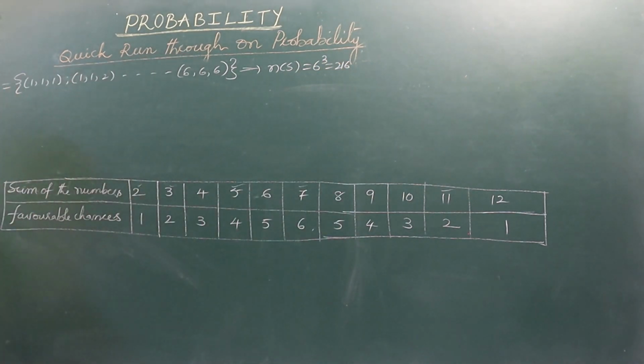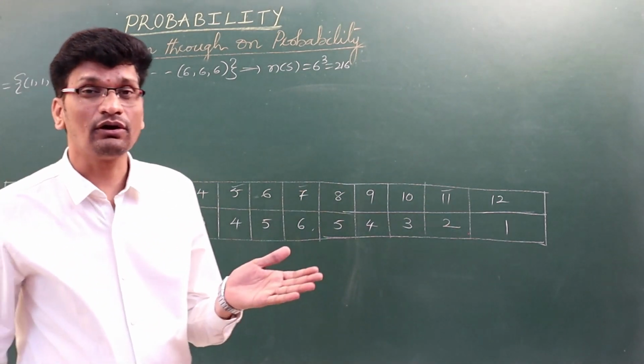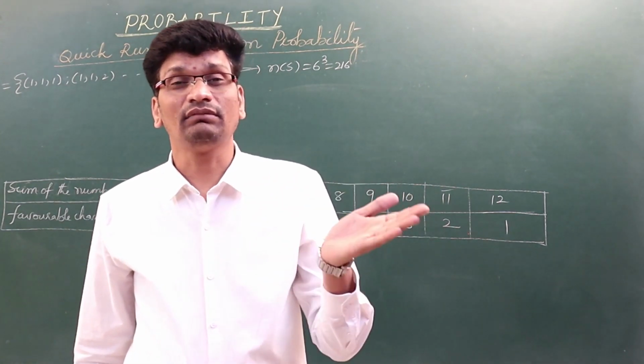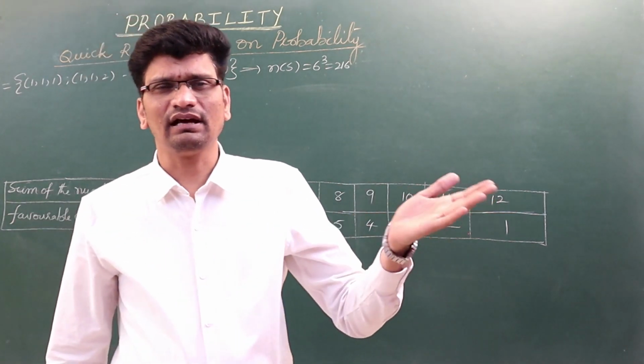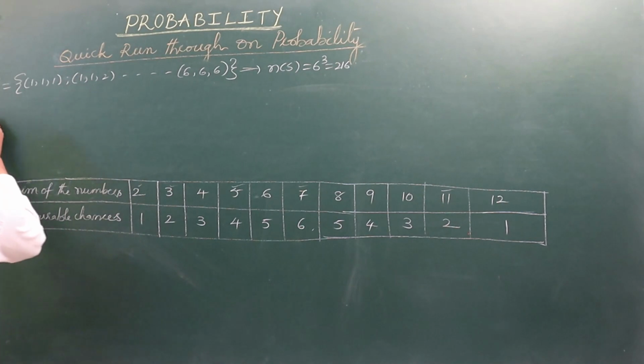Now, the question may be like this: what is the probability when 3 dice are rolled, sum of the numbers on the dice? It may be 12 or 13 or 18, whatever it may be. So for that I am giving one more table: sum of the numbers and favorable chances.